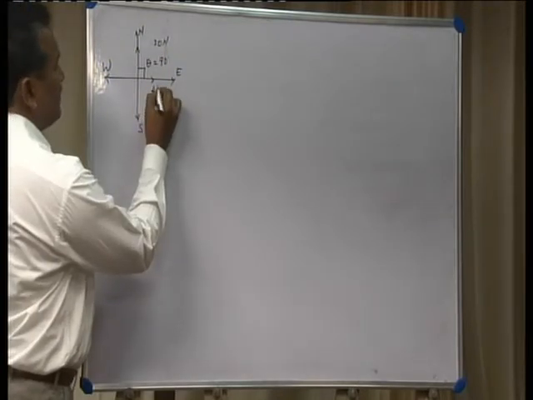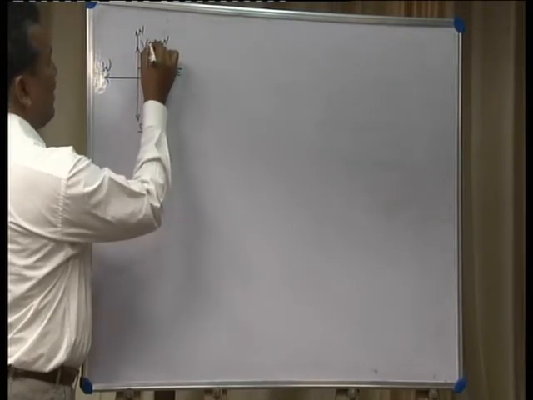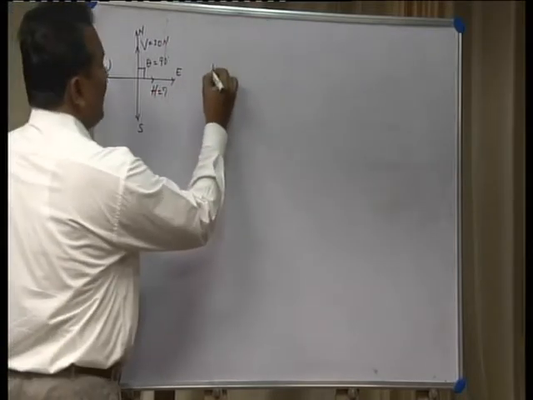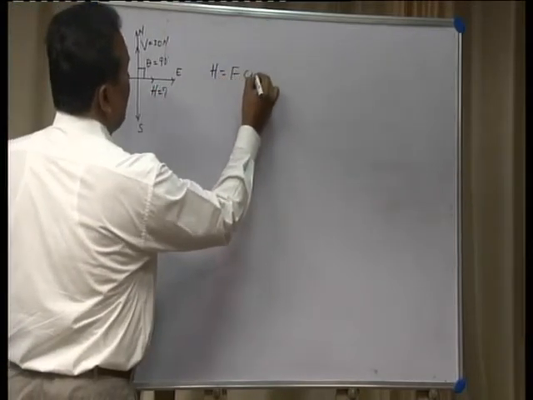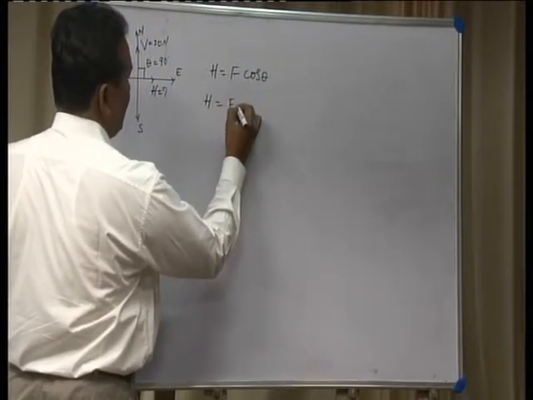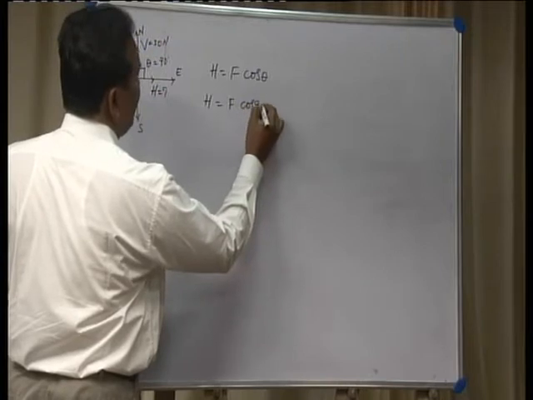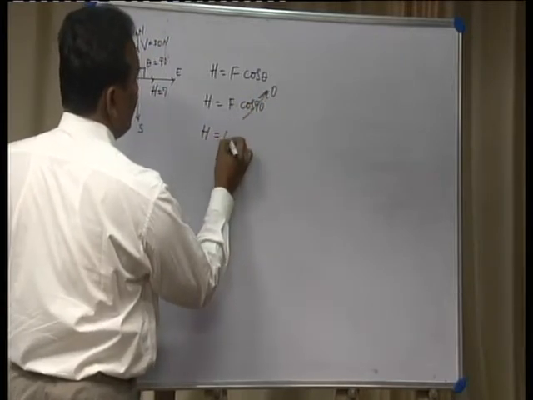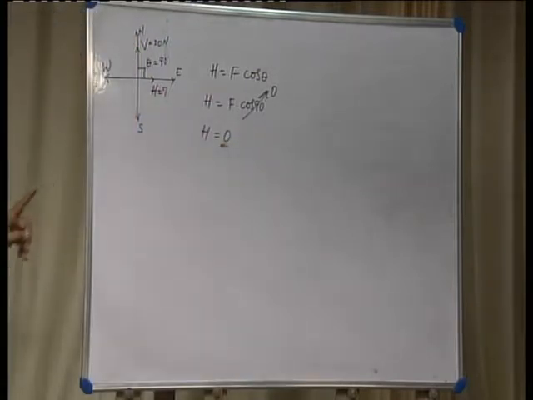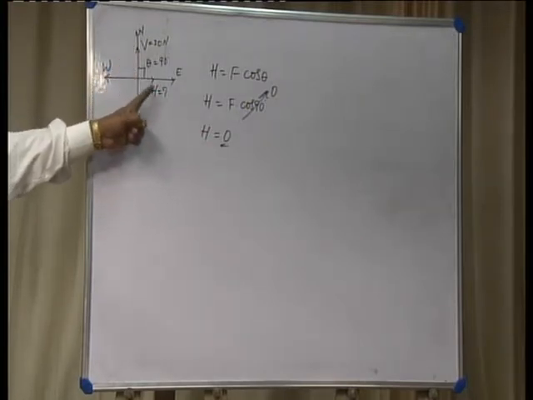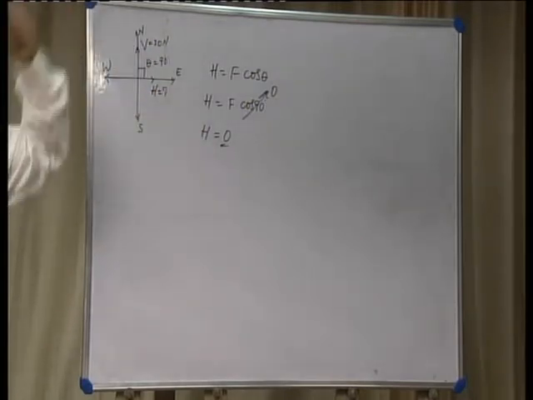Here it is required to find the horizontal component of a force. We know that H is equal to F cos theta. We do not know how much F is, let it be. Theta is 90 degrees. We know that cos 90 is 0, 0 into anything is 0. So, if a force of 30 Newton acts in the north direction, definitely its component towards east is 0 Newton.